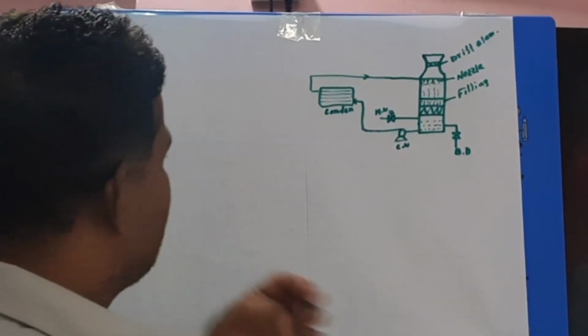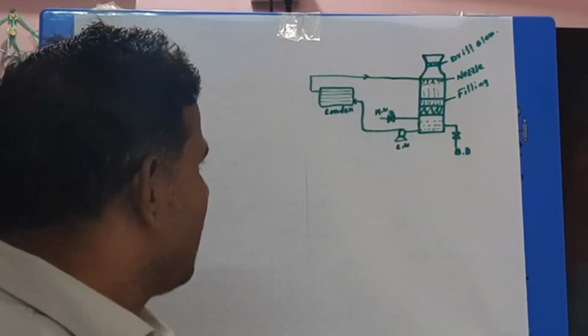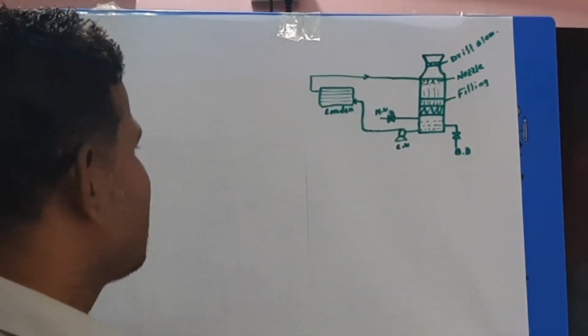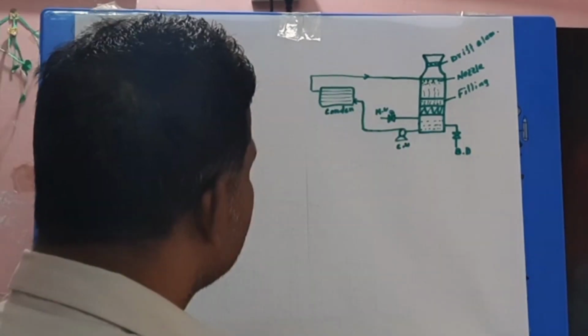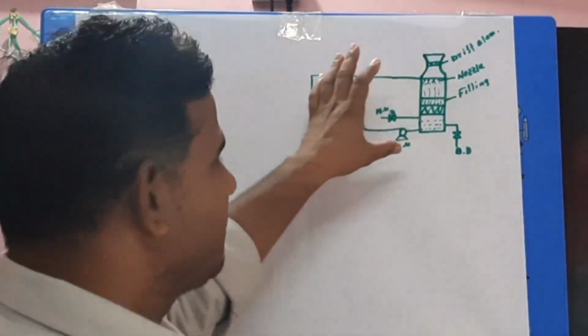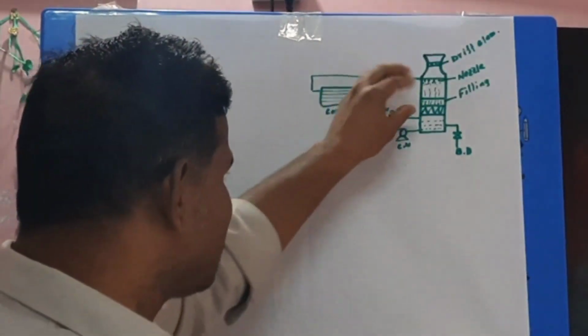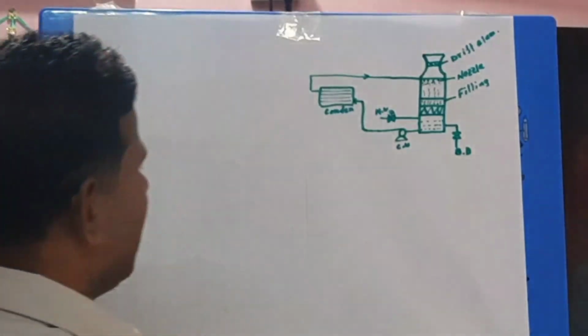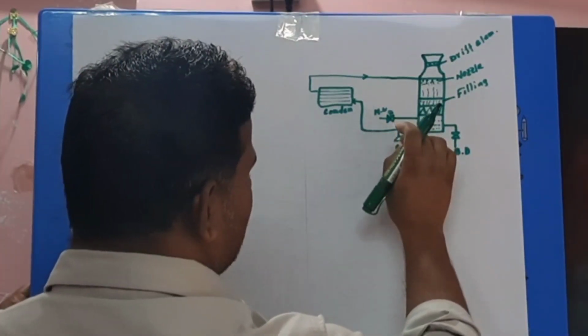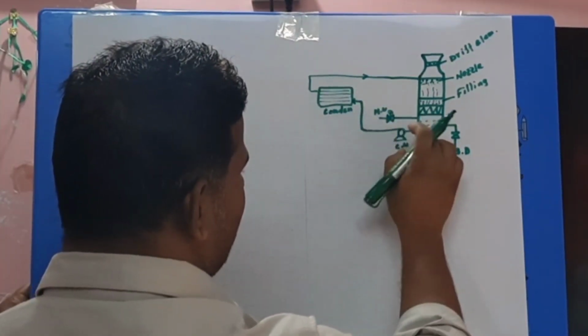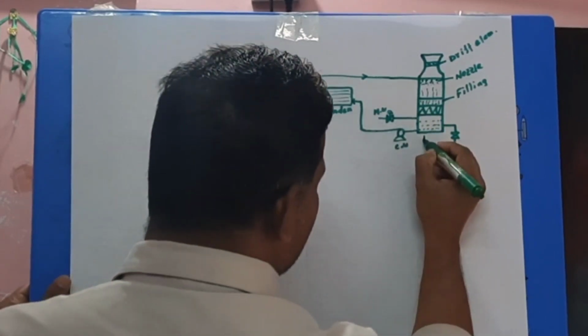So okay viewers, you think this is the cooling tower system. In the cooling tower system, this cooling water is circulated. First I will explain this cooling tower system shortly. You think cooling water flow is discharged from this pump from the cooling tower basin, it is called the basin.